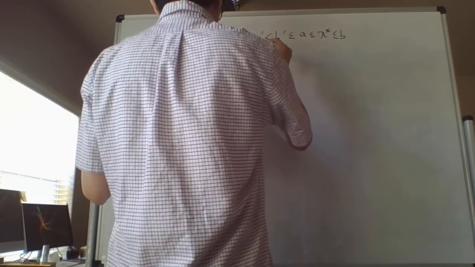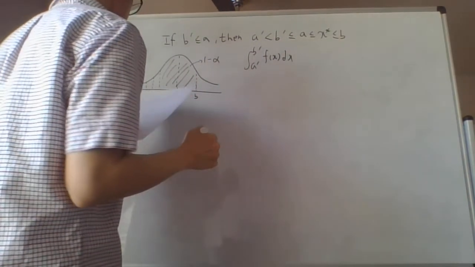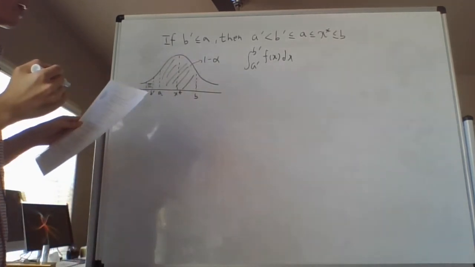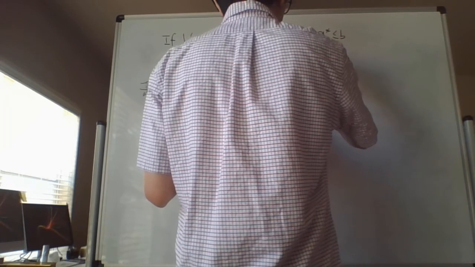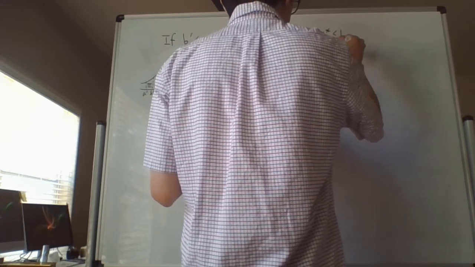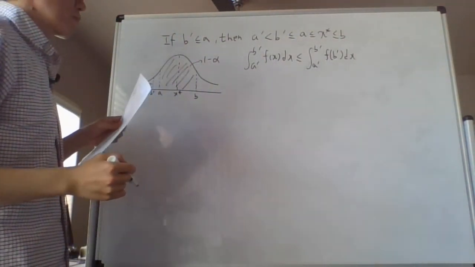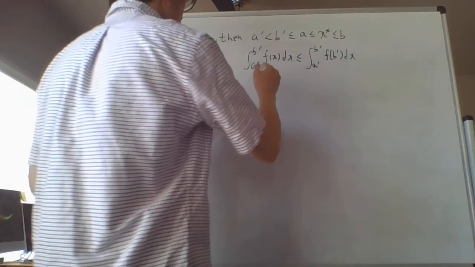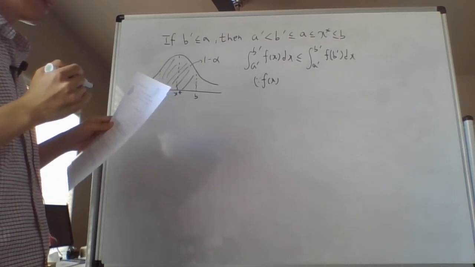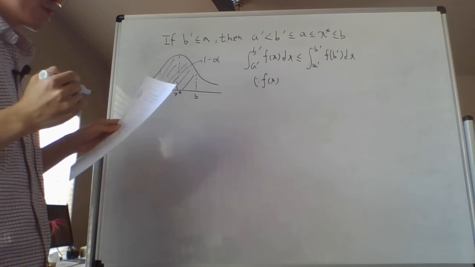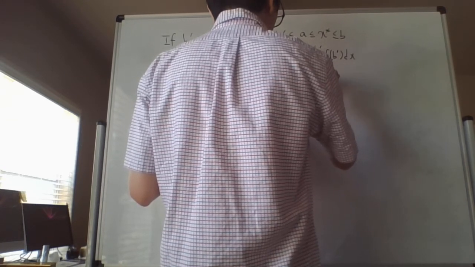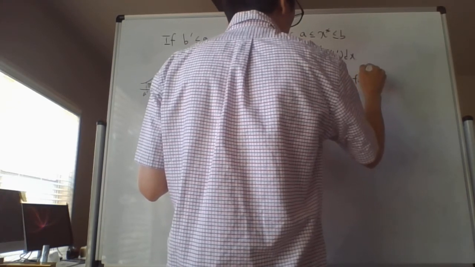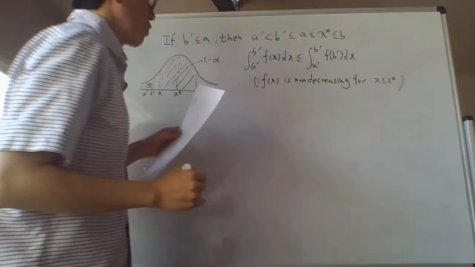If you consider the area between a prime and b prime, which is the probability that x exists between a prime and b prime, then this is less than or equal to the integral between a prime and b prime of f(b prime) dx, because f(x) is non-decreasing for x less than or equal to x star.